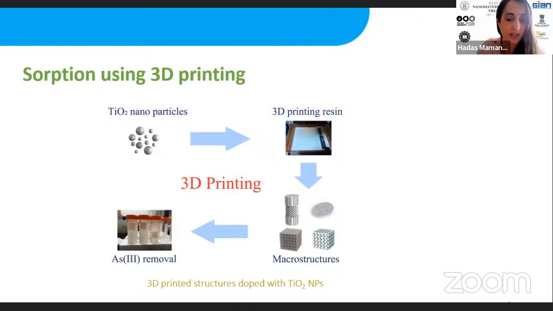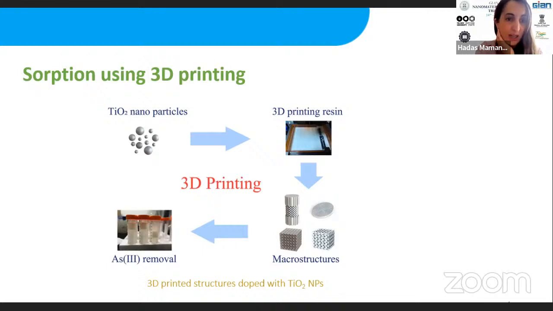Another interesting feature is application of 3D printed macrostructures containing titanium dioxide nanoparticles. And this is for direct absorption removal of arsenic in water. As you can see in the figure. So different titanium dioxide nanoparticles were used as absorbents, and they were initially doped into the resin.